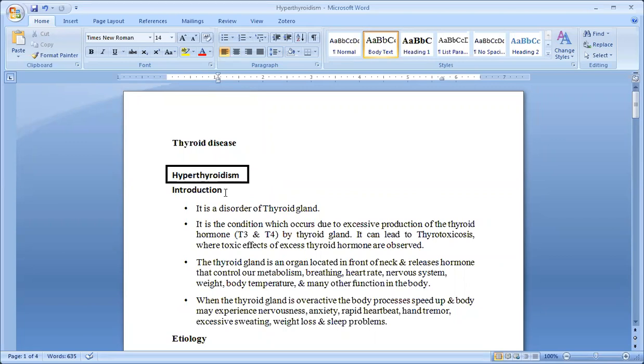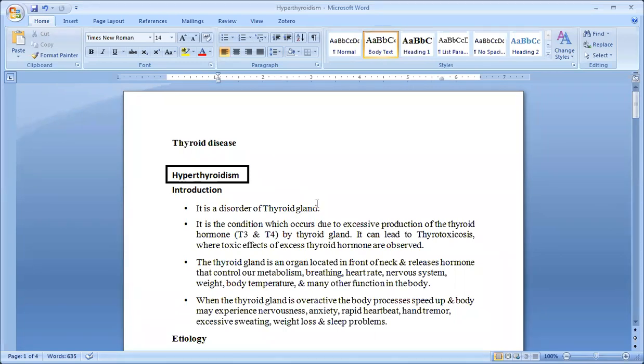So, hyperthyroidism. Hyper means what? Excessive, isn't it? More secretion of thyroid hormones. Hyperthyroidism is a disorder of the thyroid gland.